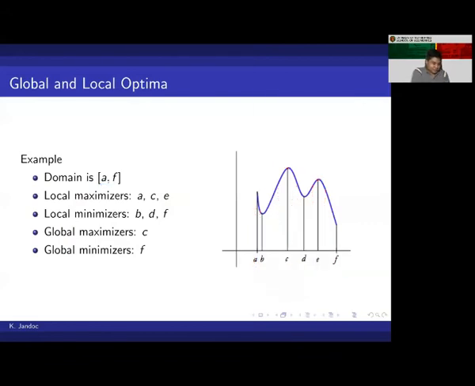In the same manner, points B, D, F are local minimizers. Why? If you restrict the domain to be here, in this part, B will give you the lowest value of the function, point B. D, on the other hand, if you restrict the domain to be in this part, in this open interval, then D will give you the lowest value of the function.